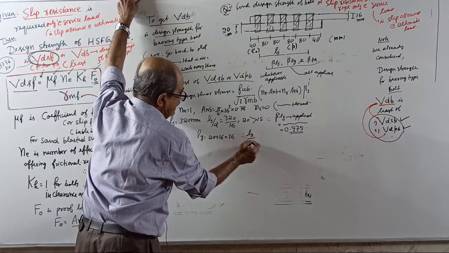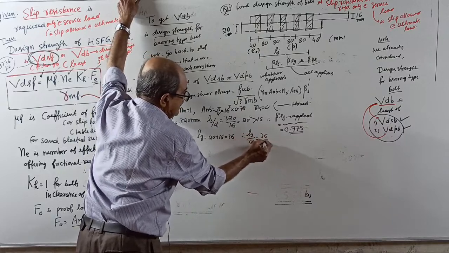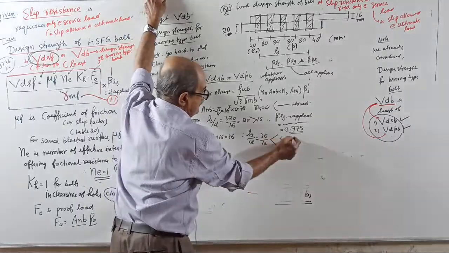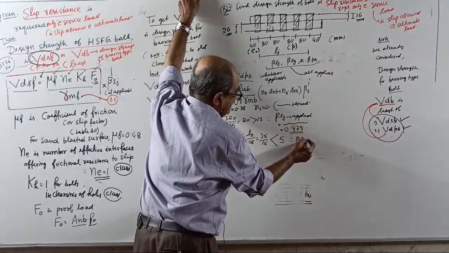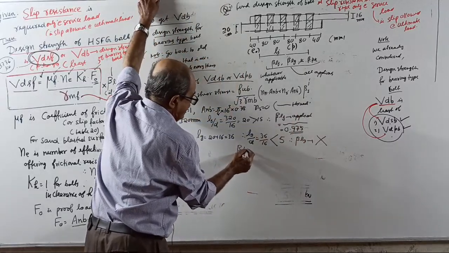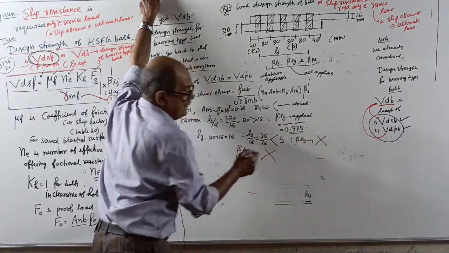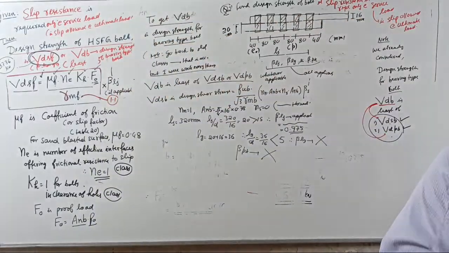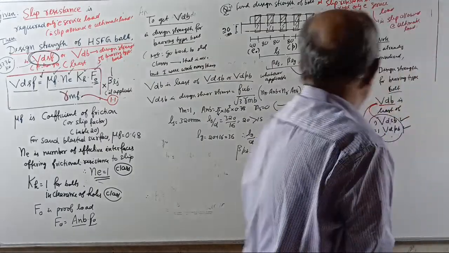Therefore LG by D equal to 36 by 16, which is less than 5. Therefore beta LG is not applicable. Beta PK anyway is not applicable, because there is no packing plate.